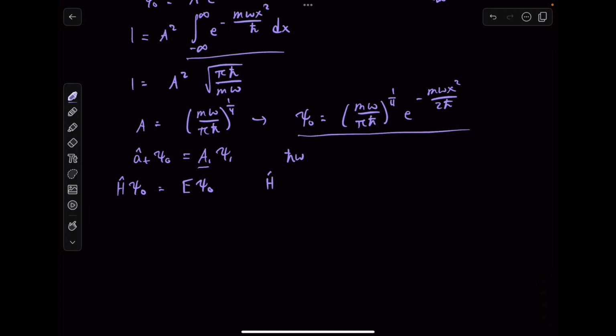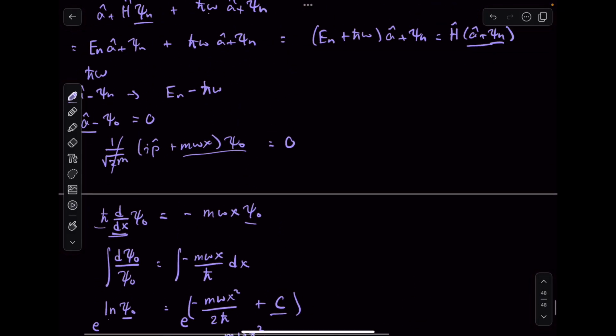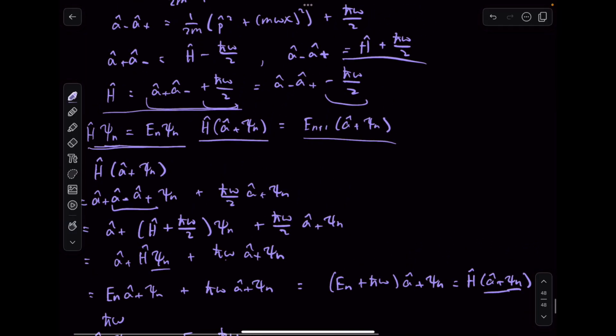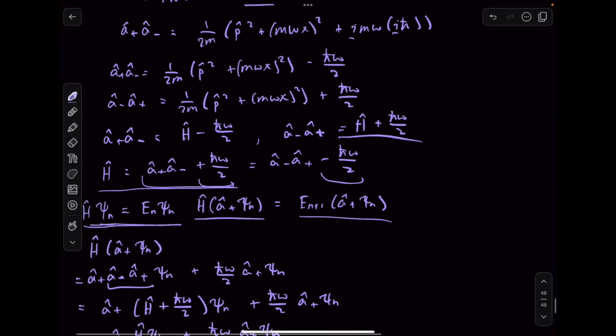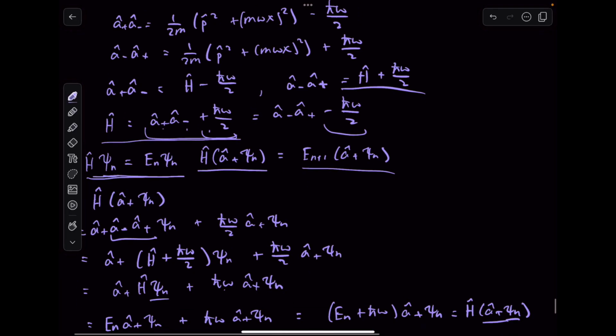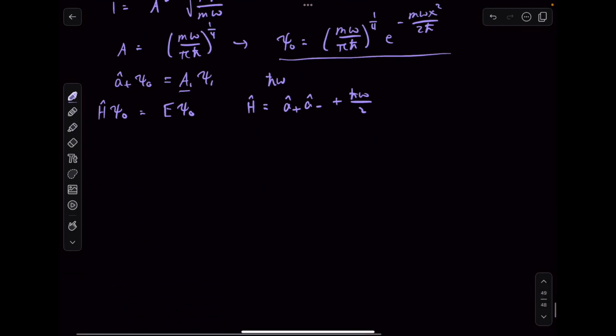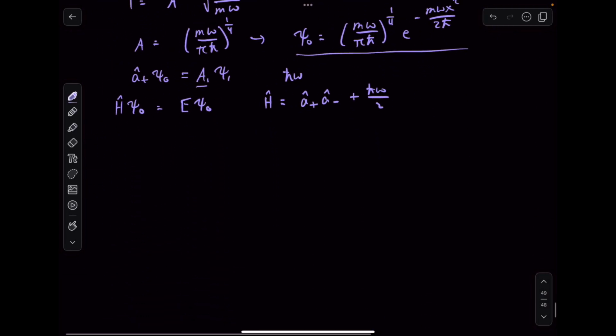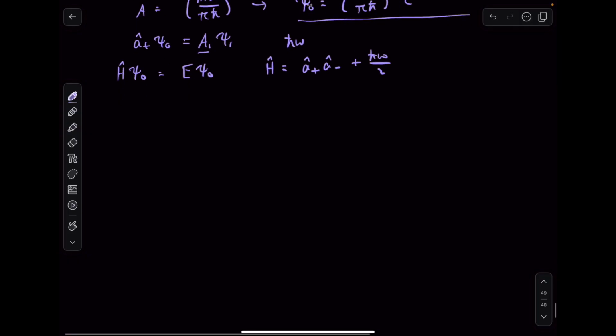Remember, we rewrote our Hamiltonian up there as the raising times the lowering plus h bar omega over 2. If we make this substitution, it will be helpful because when the lowering hits the ground state, it's going to give us back 0.